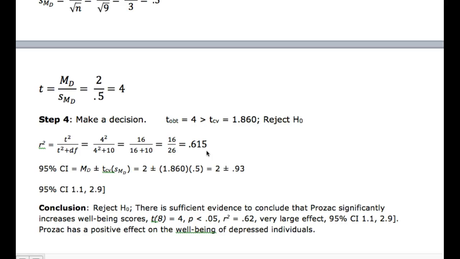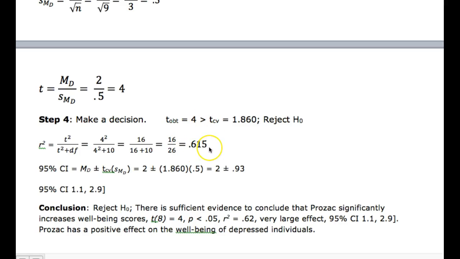What this means, and I don't think I've explained the interpretation. The interpretation of R squared is basically that approximately 62% of the variability in the dependent variable is caused by the independent variable.